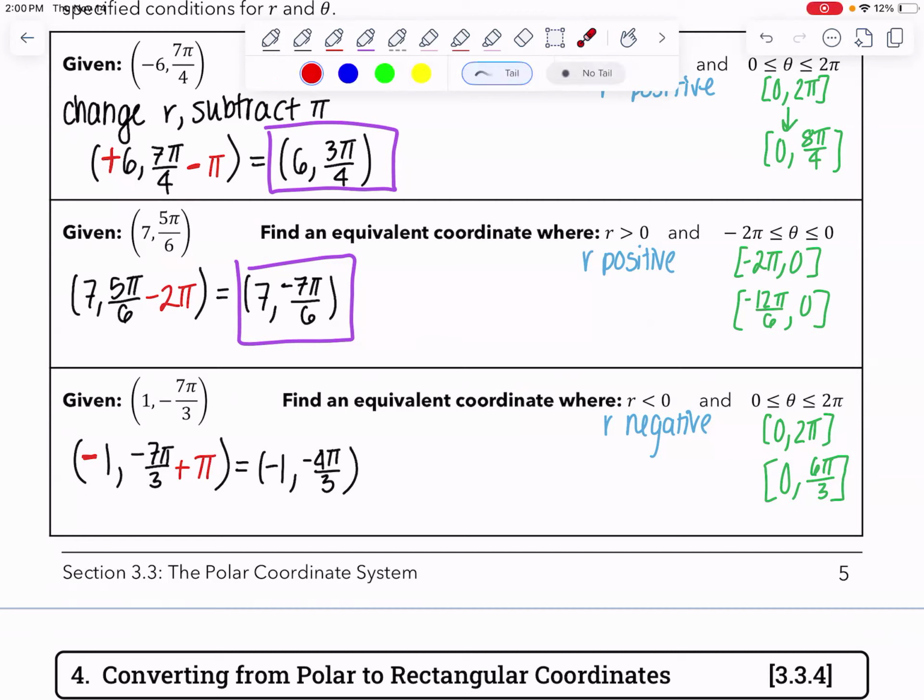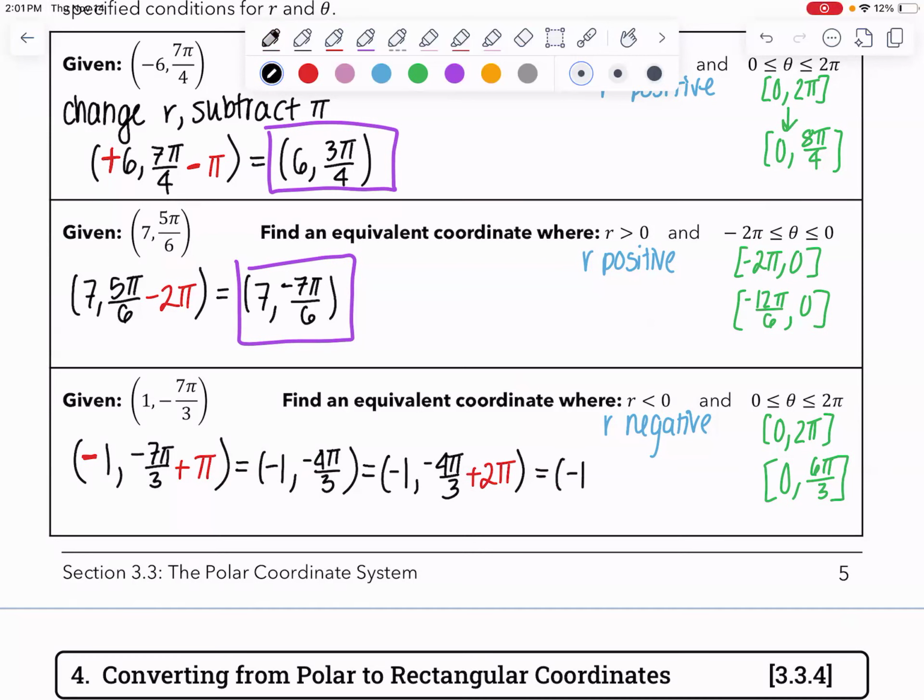And wait, we're not quite there. This is still negative. We need this to be a positive angle. Our r is already fine. It's negative. So we don't want to do this trick again. We just need a coterminal angle. So we need the 2 pi trick, the even trick. We'll leave the radius alone and we'll add 2 pi to the angle.